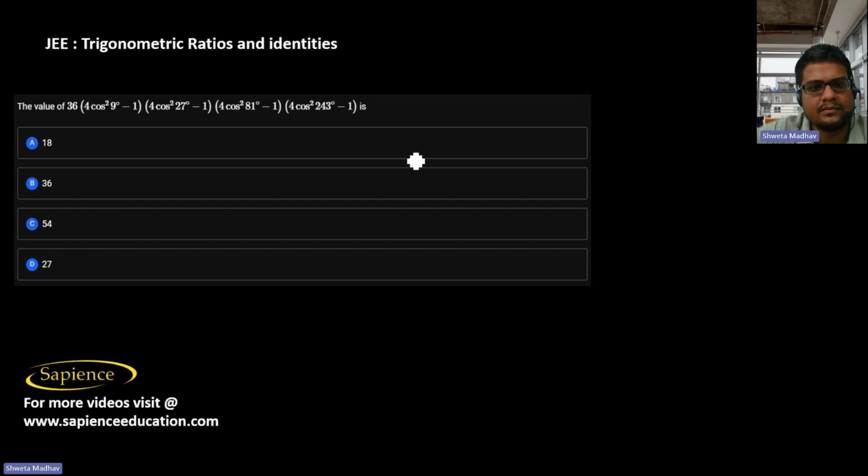Now here you can see that 3 9s are 27. Now 4 cos square theta minus 1. You can write this like this: 4 into 1 minus sine square theta minus 1.